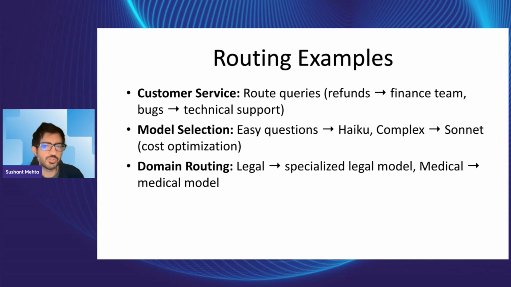Because calls to the largest models are extremely expensive. For a query like what's the date today or what's 1 plus 1, you don't need to send your query to the largest, most expensive model. So this is another use case where it makes a lot of sense to do smart routing and save a lot of costs while not compromising on quality at all.